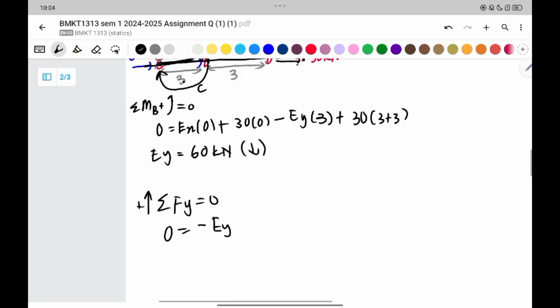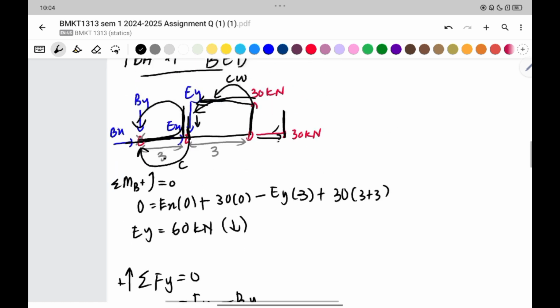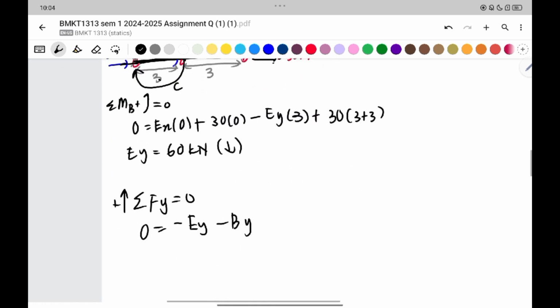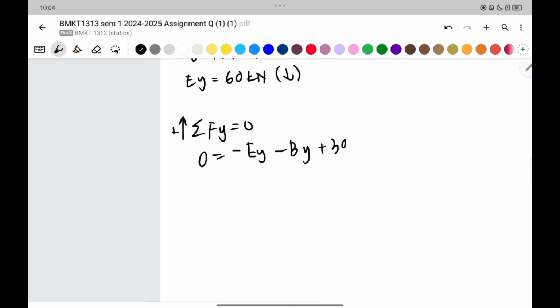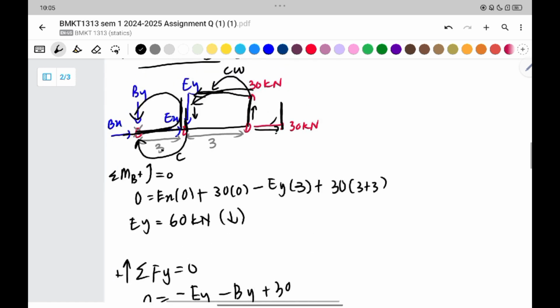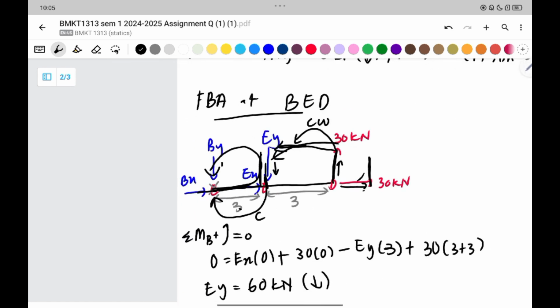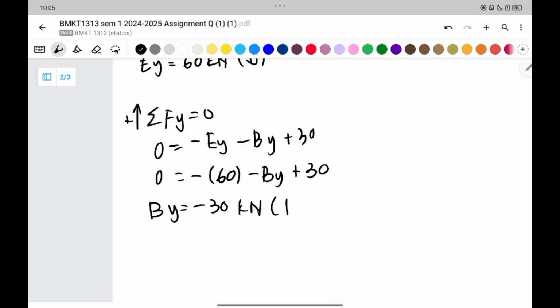Next is negative BY, and also positive 30. Here we know EY equals negative 60, so negative 60 minus BY plus 30. So the value for BY is negative 30 kilonewton. Because the value is negative, BY is downward. Thus, for it to be a positive value, it needs to act upward.